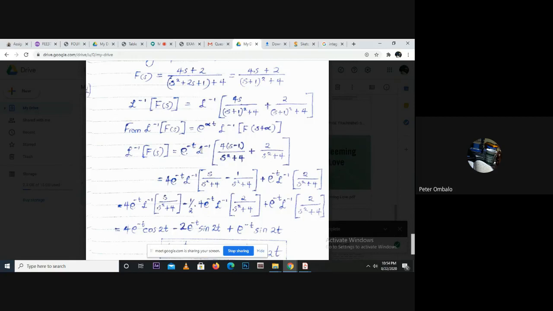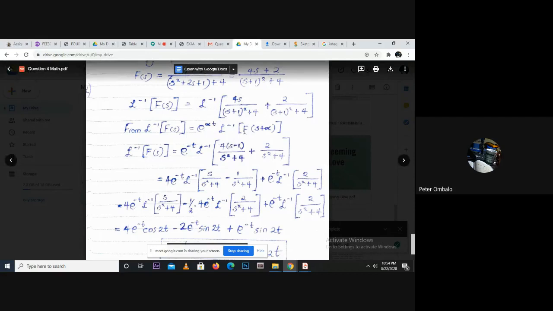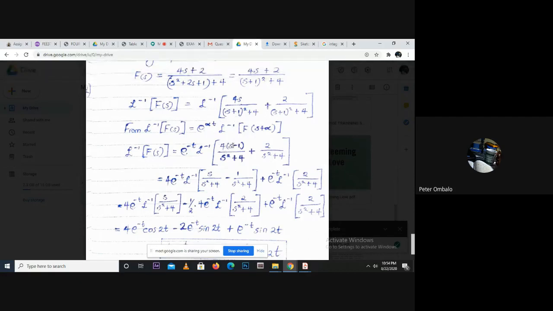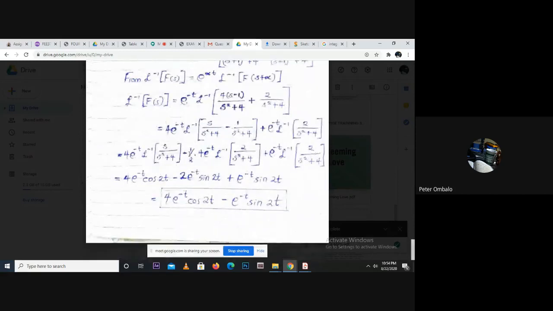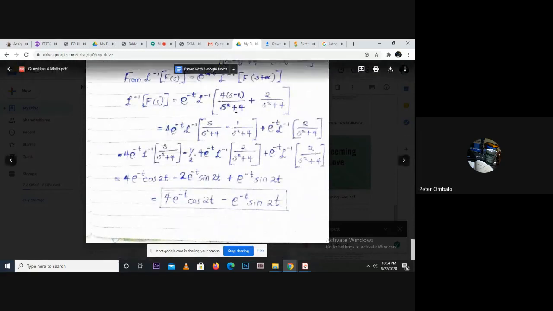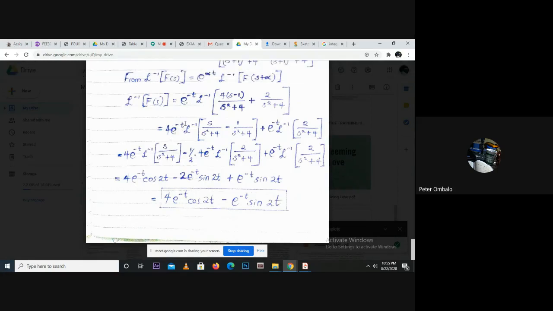So e to the negative t times the Laplace inverse of all of this again. The 4s here become 4 into s minus 1, because you're replacing all the s's with s minus 1. We're almost there. The 4 here is a constant, and since the Laplace transform is an integral, we can pull out the 4. So we have 4 e to the negative t, times the Laplace inverse of everything that is left.